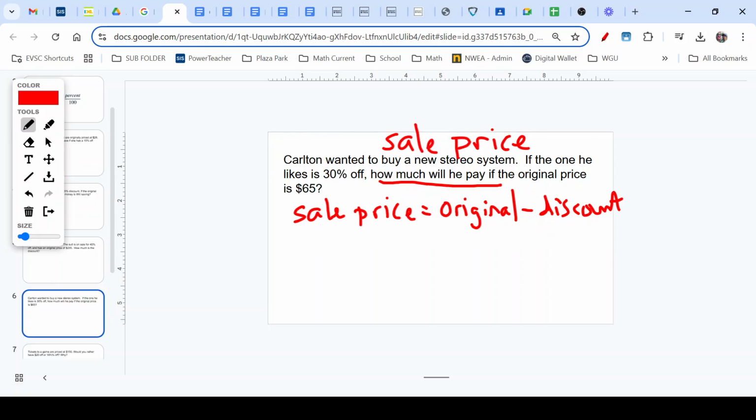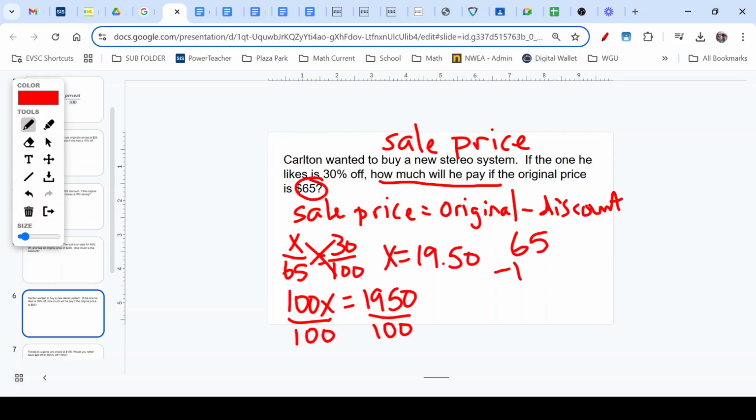Now we know both the original price and the discount, so we can find the sale price. Remember, make 65 into 65.00 so that we can line up our decimals. And when we do our subtraction and borrowing, we get a sale price of $45.50.